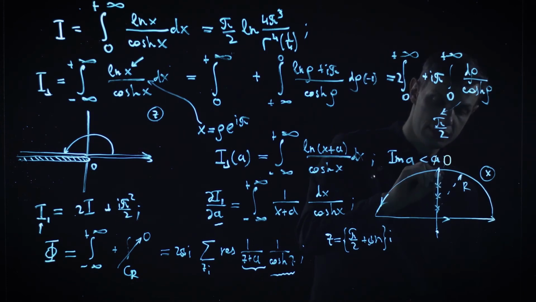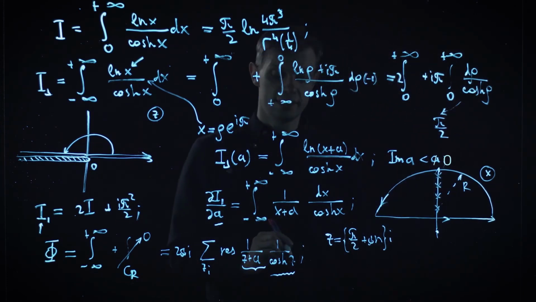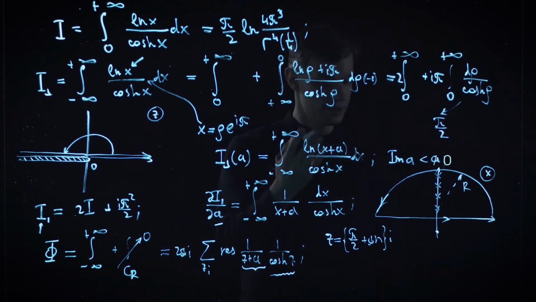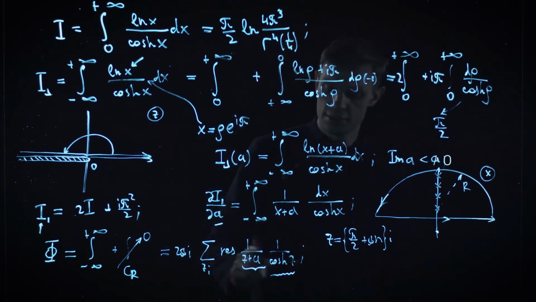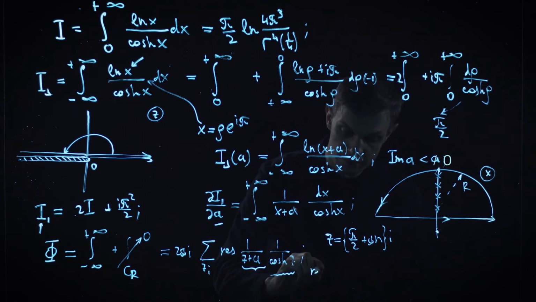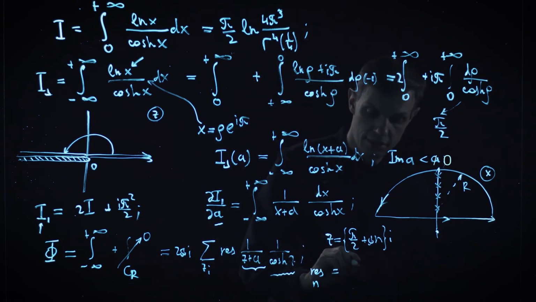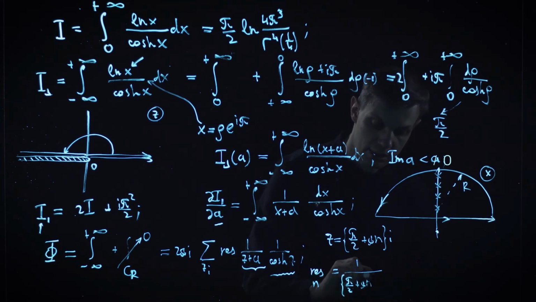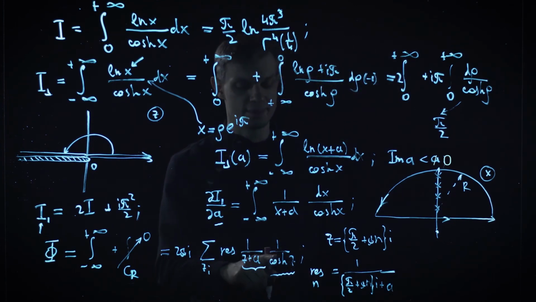They're equidistant. And all of them are simple poles. And the residues of these functions are simply 1 over pi by 2 plus pi n I plus a, multiplied by the Taylor expansion of this cosine hyperbolic function.